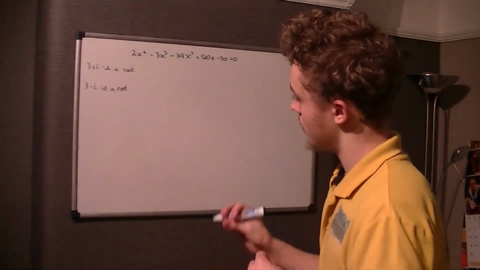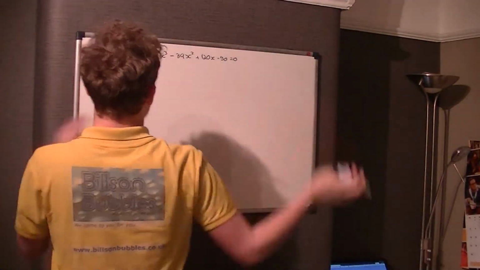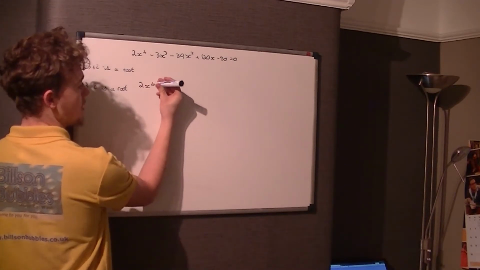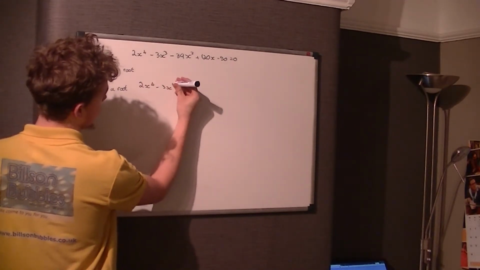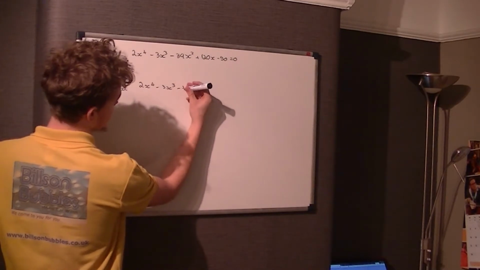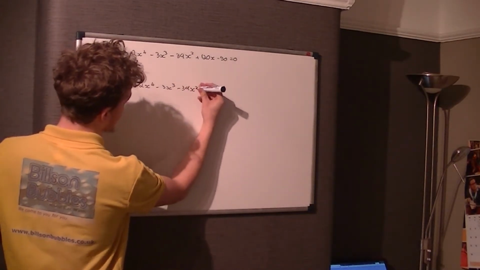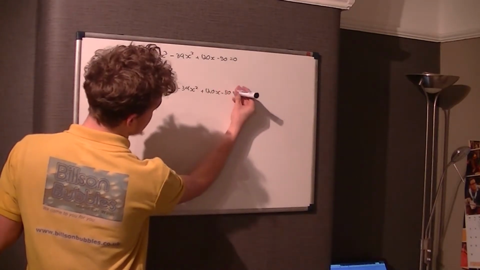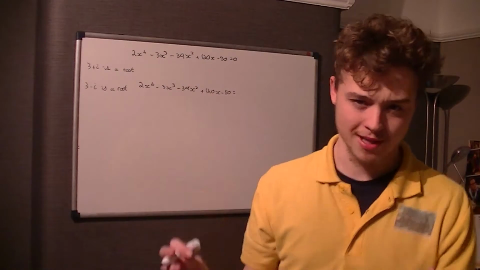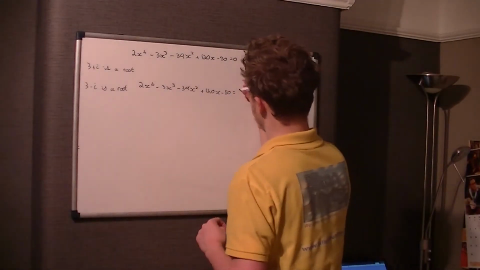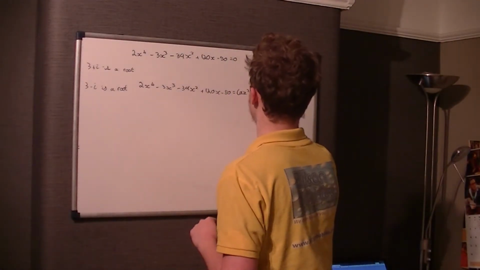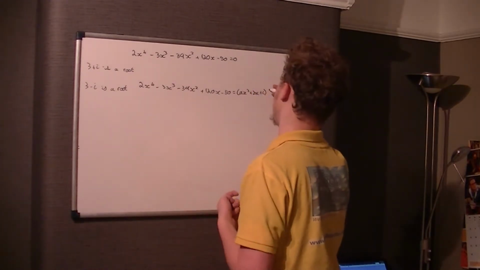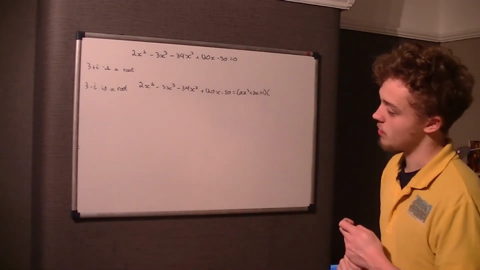Okay, so if we know those two are roots, we know they are roots of a quadratic equation. If we follow the same principle that we did before, you might have skipped a step, but I'm going to go through the full thing. Rewrite the equation 2x^4 - 3x^3 - 39x^2 + 120x - 50, and we said that's equal to two quadratics. The first quadratic might be ax^2 + bx + c, where a, b and c are just numbers. We know 3 + i is a root and 3 - i is a root.